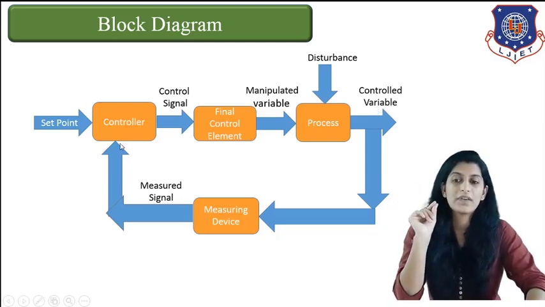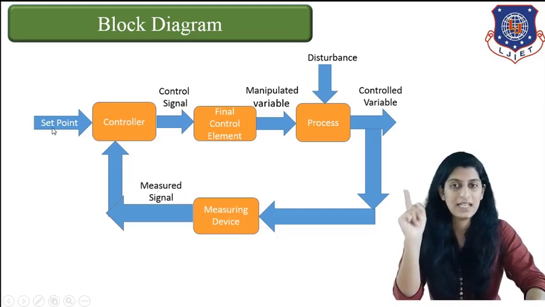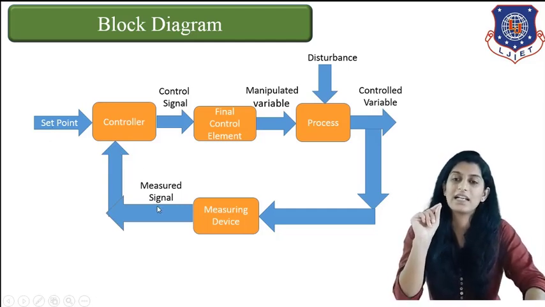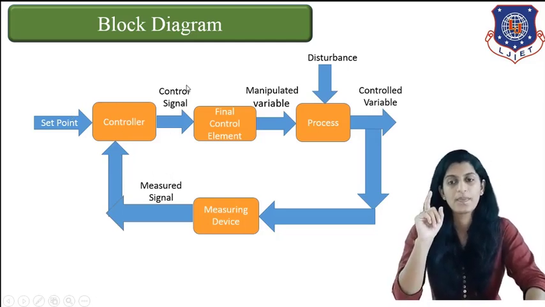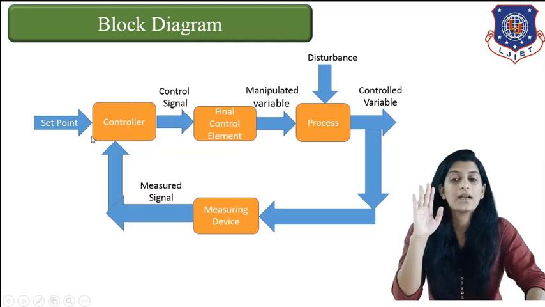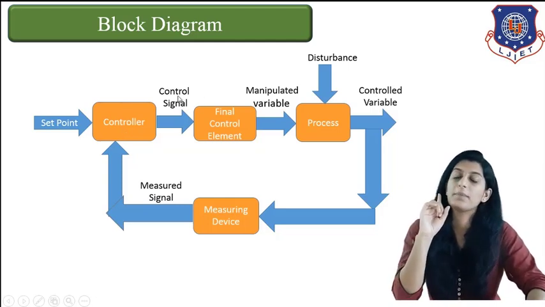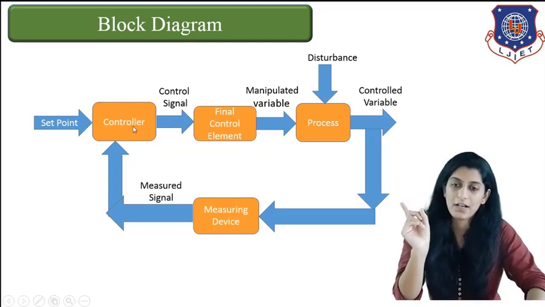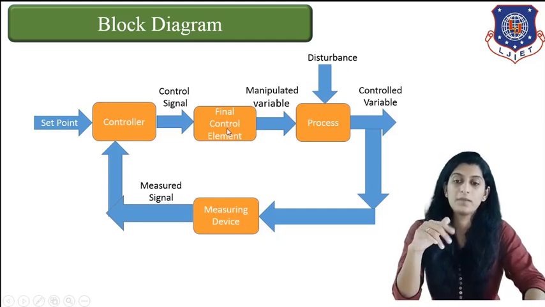So the error generated will be 60, the set point, minus the measured signal, which is 55. So 60 minus 55 will be 5. So 5 degrees centigrade will be the error which will be sent by the controller to the final control element.